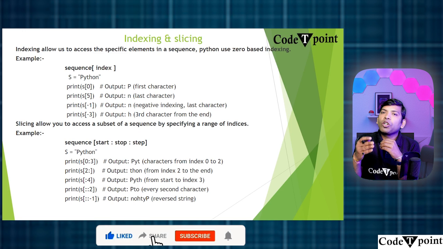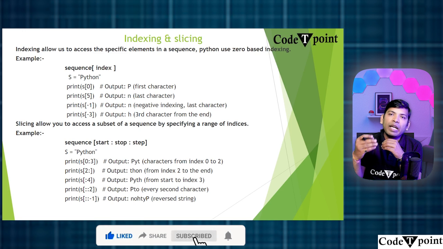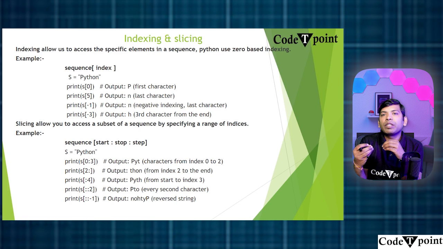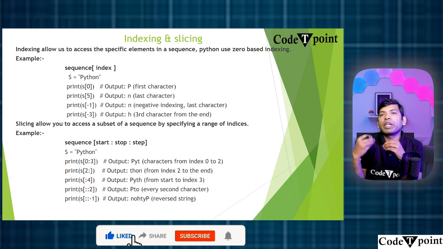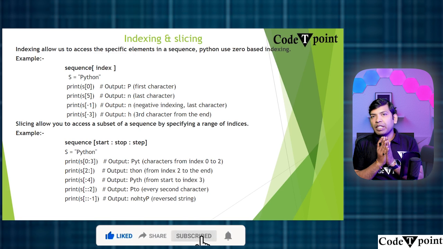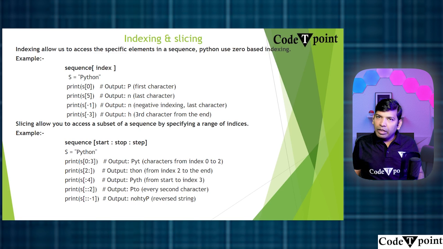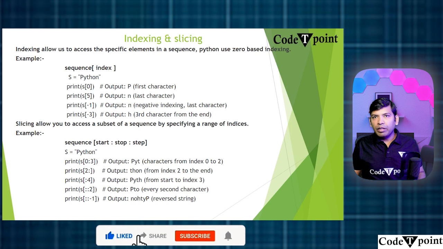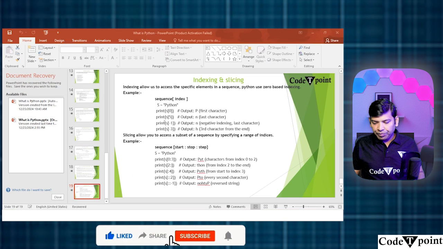The slicing concept is based upon indexing, and we will see how we can write some examples so that we can have a better understanding of it. So let's go to the notebook and understand it in a much better way.